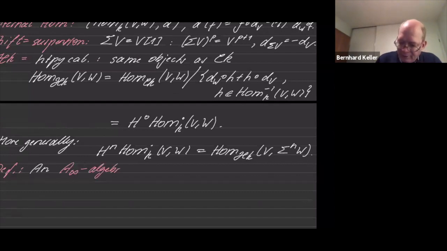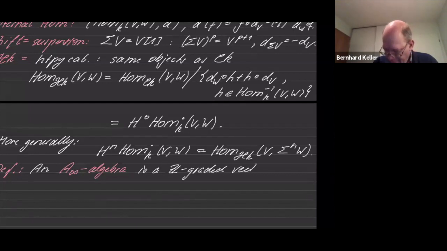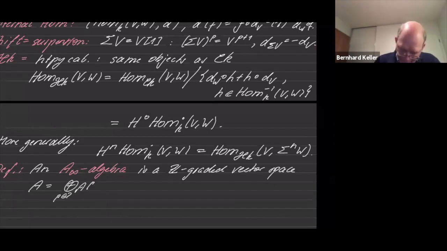An A-infinity algebra is simply a Z-graded vector space A which is endowed with multiplication maps.